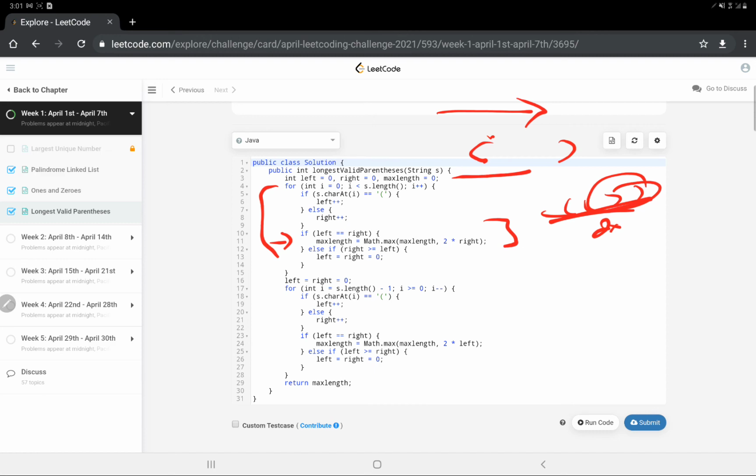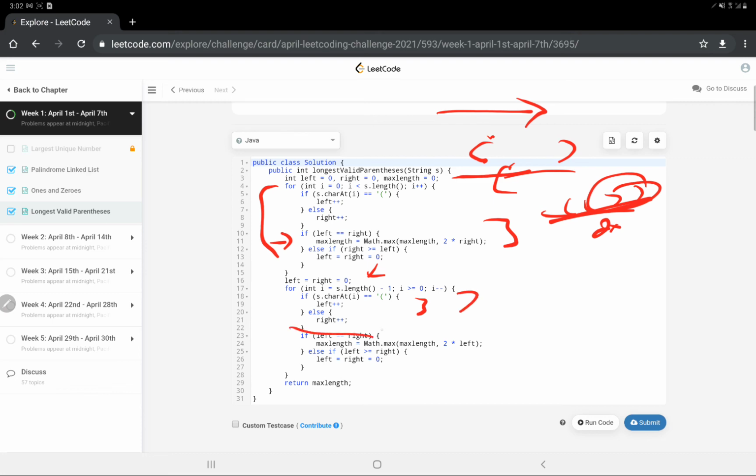Now for the other traversal, moving from here to here, that is from s dot length to 0, we again initialize our left and right variables and apply our loop. As soon as we encounter this, we increment our left, or else, because there are only two characters, we increment our right.